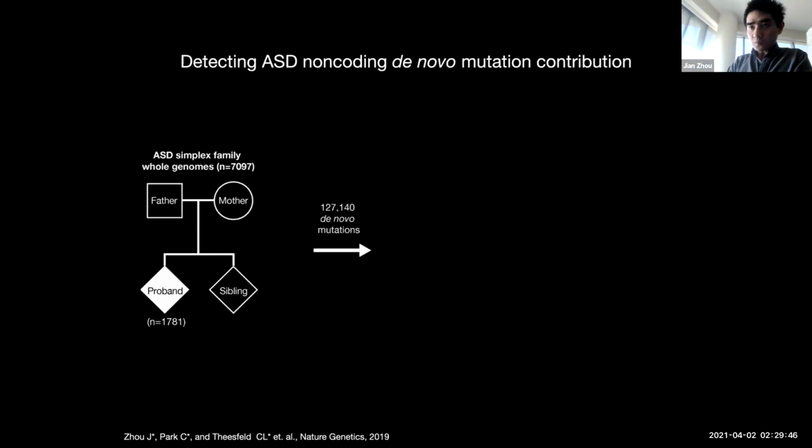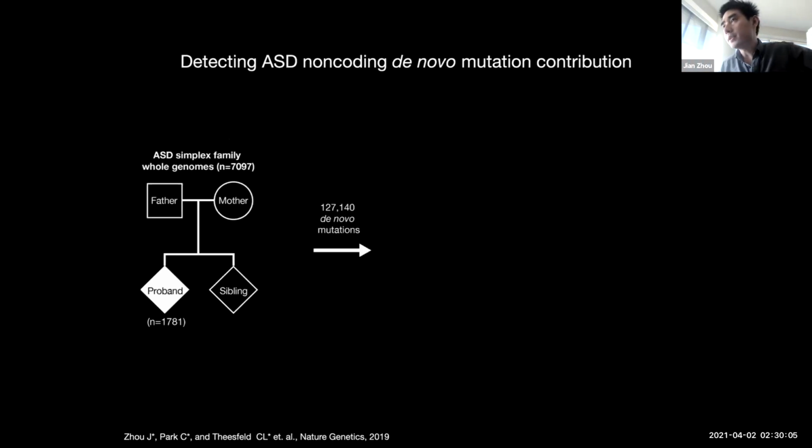In the case of autism, we have previously known that de novo coding mutations are the major contributor, and much of our knowledge about autism is learned from coding mutations. But for non-coding mutations, it's been difficult to detect a contribution.